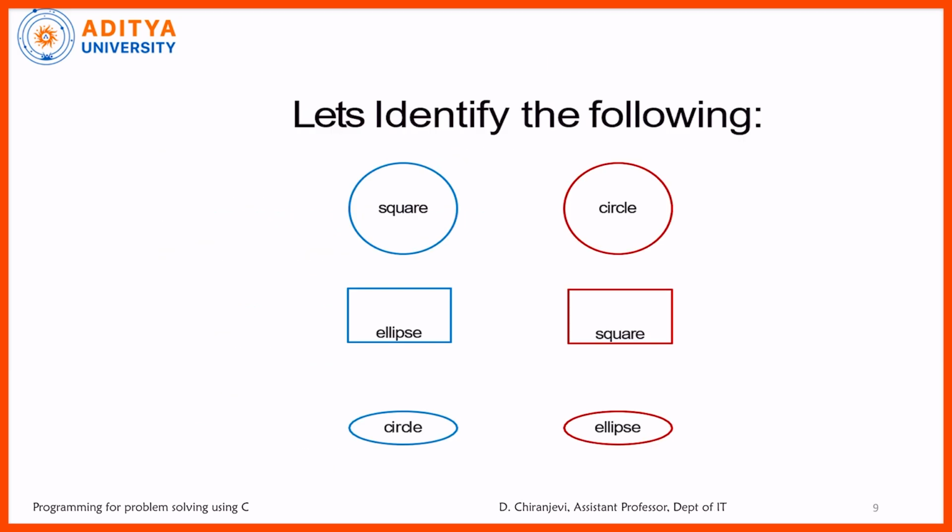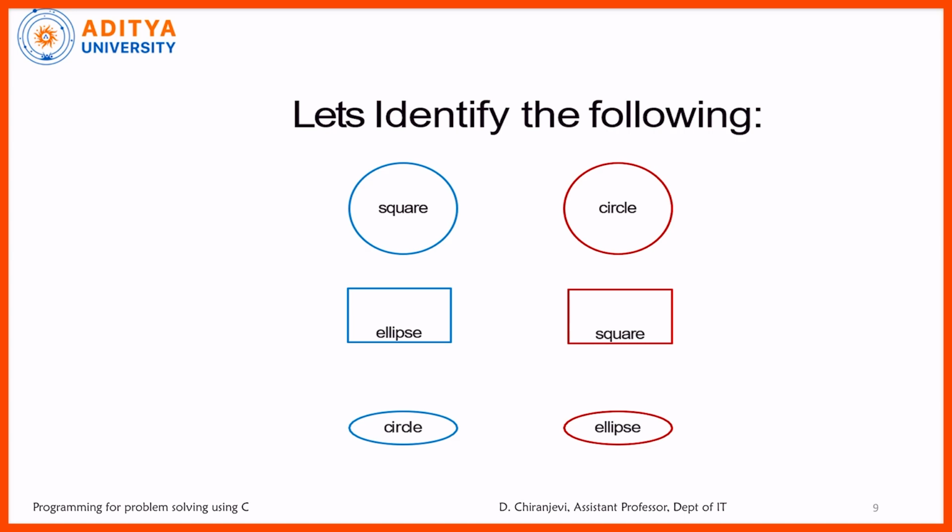Now, let's identify something. What will happen if you identify a circle as a square, a square as an ellipse and an ellipse as a circle? Identifying correctly is very important, right?